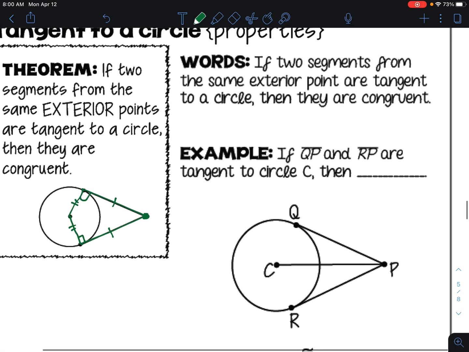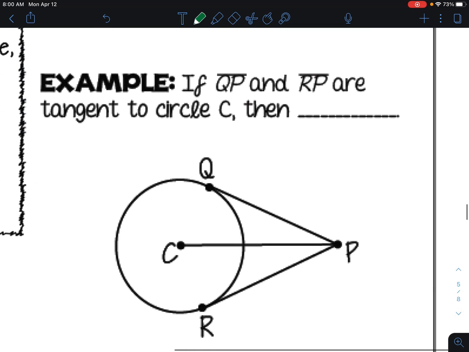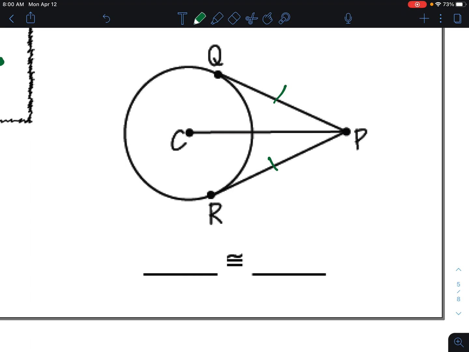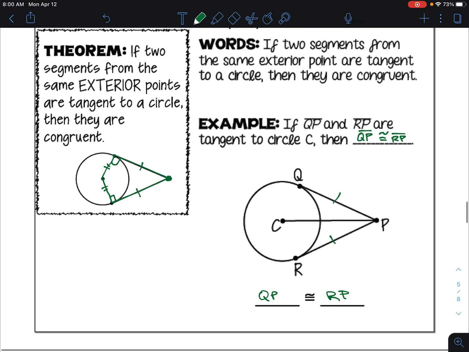So if QP and RP are tangent to circle C, then QP is congruent to RP. And then we get to write that down here. All right, so we get equal information and we get 90-degree information if we get tangent.